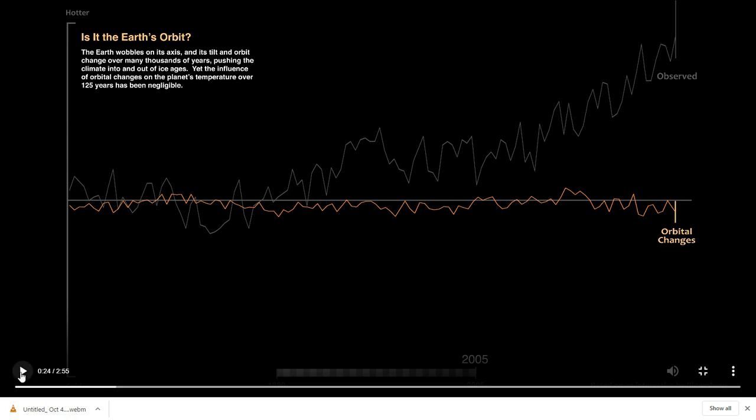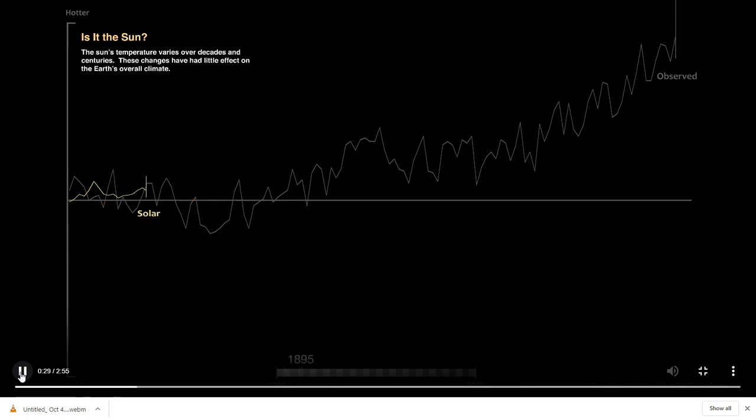Is it the sun? Okay. The sun's temperature varies over decades and centuries. These changes have had little effect on Earth's overall climate. So you get people saying, oh, it's the sun output. Nope, not doing it.